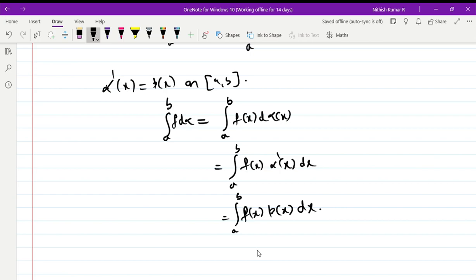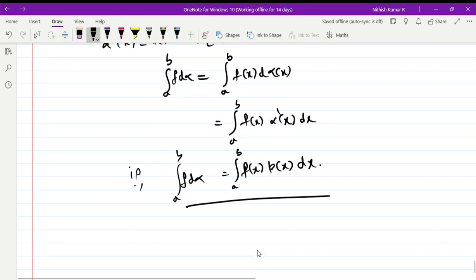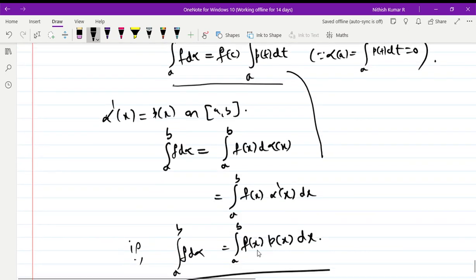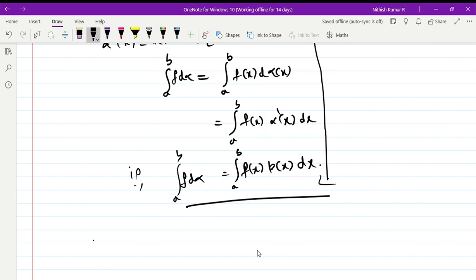So, comparing these, we have the integral from a to b of f d alpha is equal to the integral from a to b of f of x p of x dx, and we also have the integral from a to b of f d alpha is equal to f of c times the integral from a to b of p of t dt.